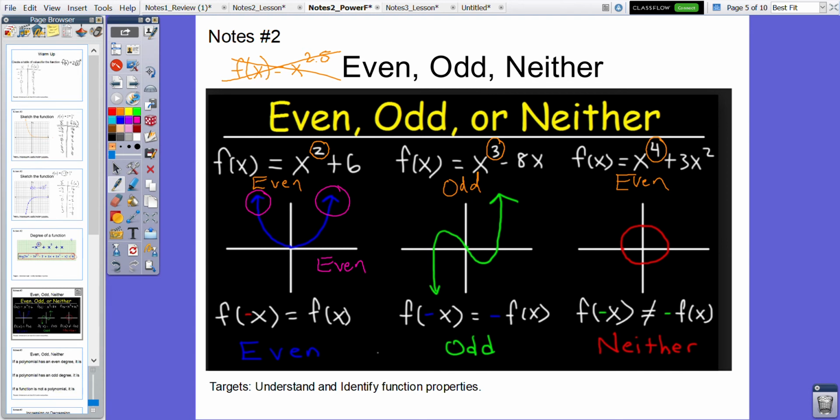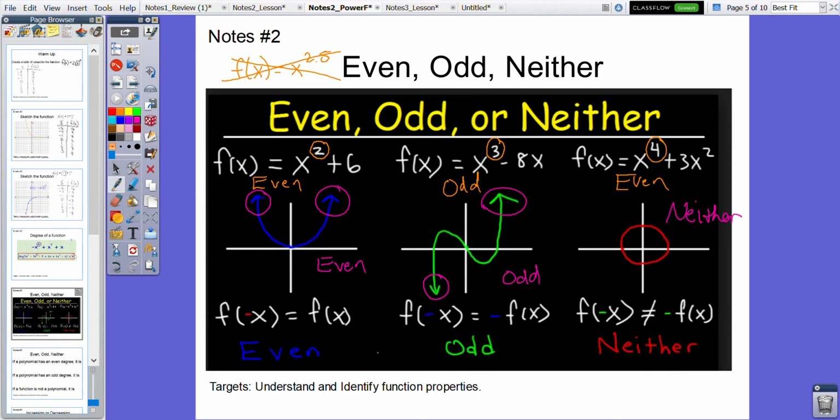But if the end behavior, for instance for the green graph here, going towards negative infinity is down, but going towards positive infinity is up, that means that this is going to be an odd function. Okay? Now, what we have here on the end graph is a circle. Okay? And because we can't tell what the end behavior is, this is going to be considered neither.